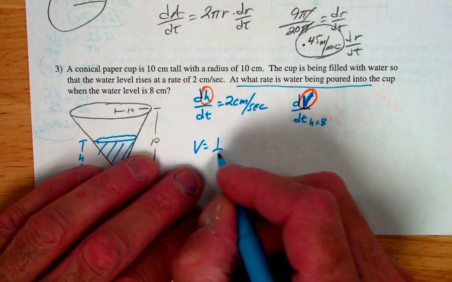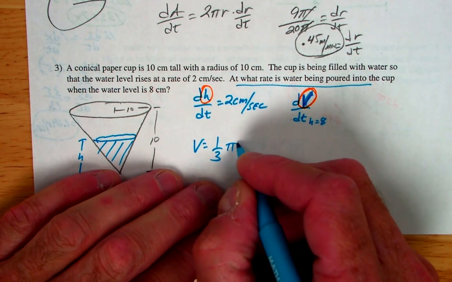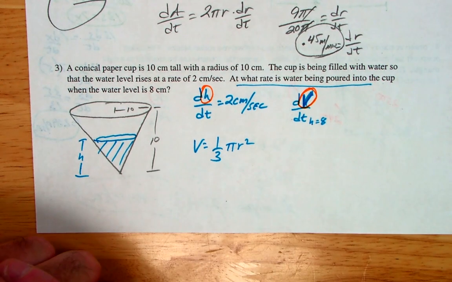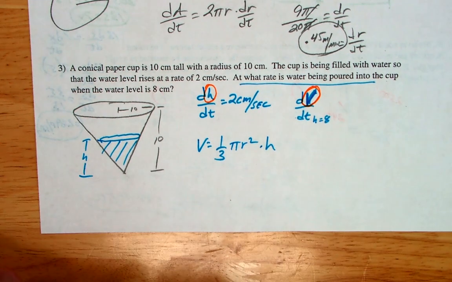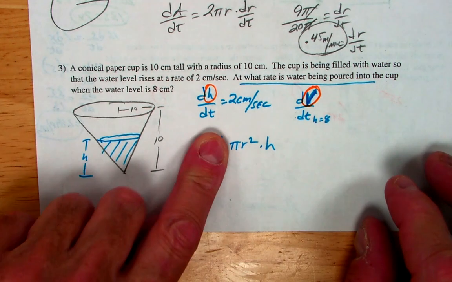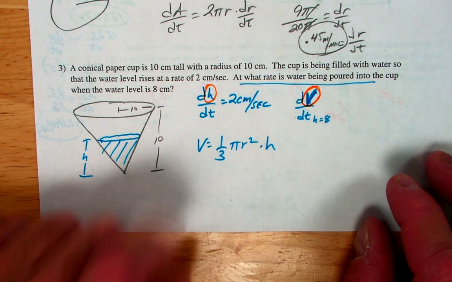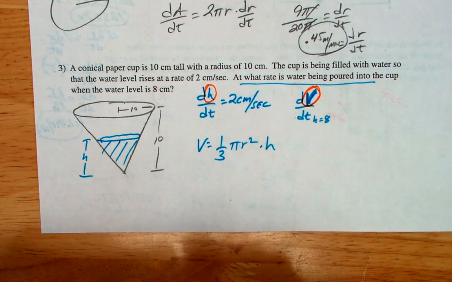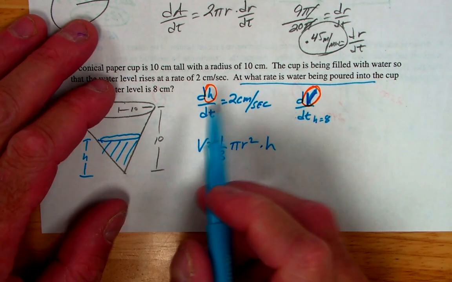Volume equals 1/3 pi r squared times its height. Here's the way I remember this: pi r squared h is the volume of a cylinder, and this is going to be a fraction of that. It's 1/3. Both pyramids and cones are 1/3. Okay? So I've got V and I've got H.